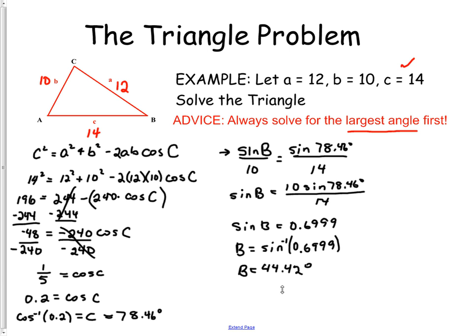So angle B is 44.42 degrees, and finding angle A should be pretty easy.